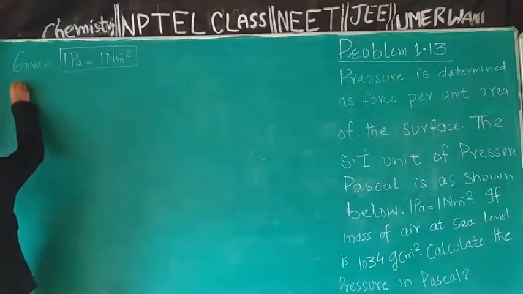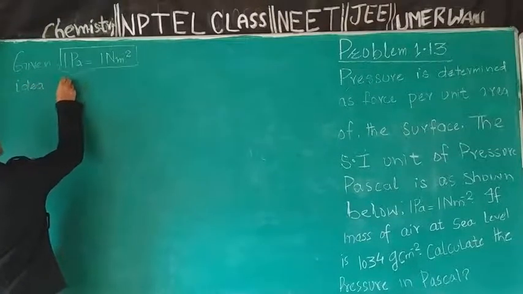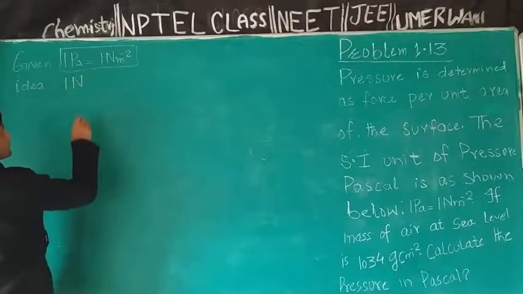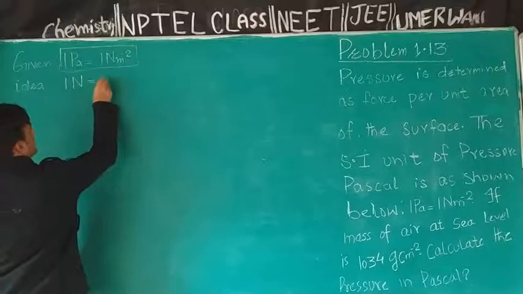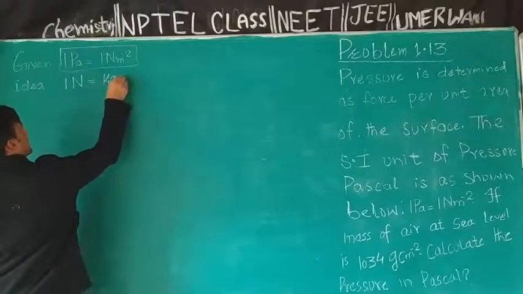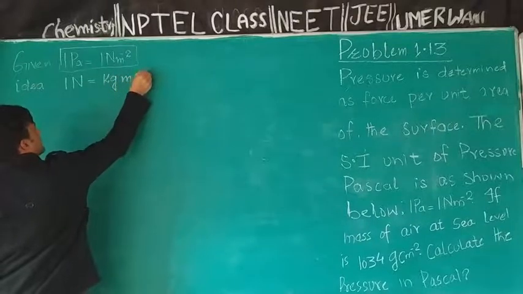Now the idea I will add is this: 1 Newton is the SI unit of force, and force is equal to mass into acceleration. The SI unit of mass is kg, and the SI unit of acceleration is meter per second square.